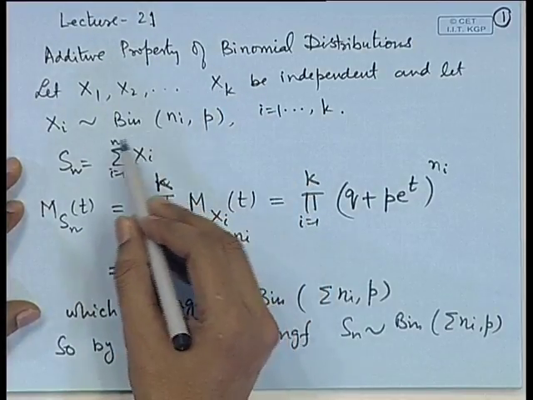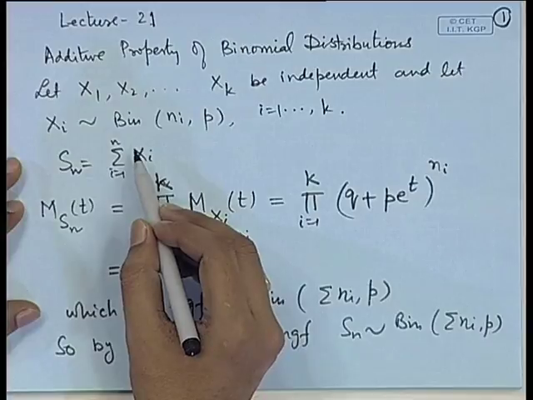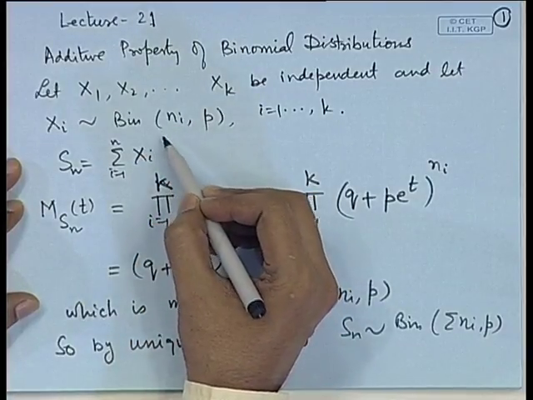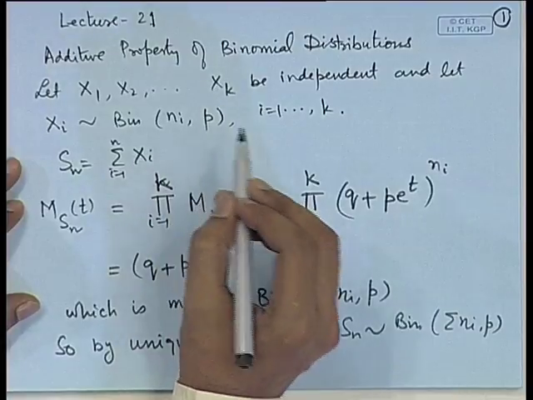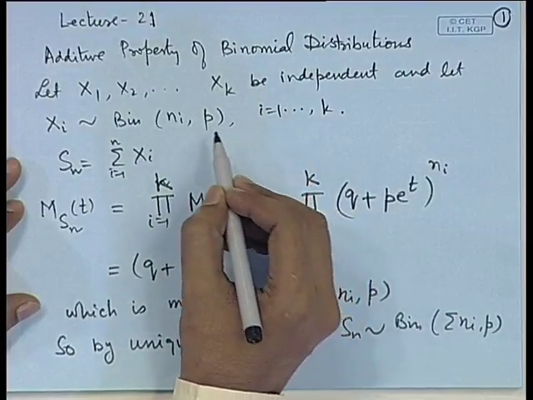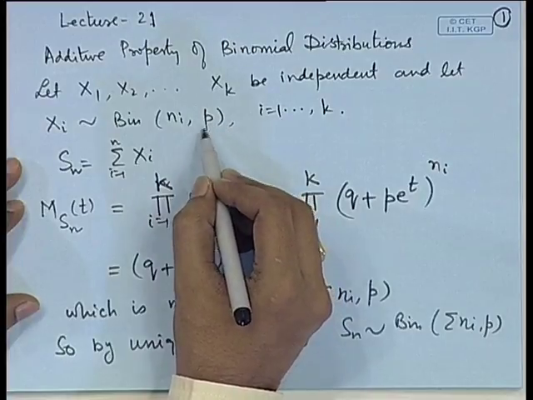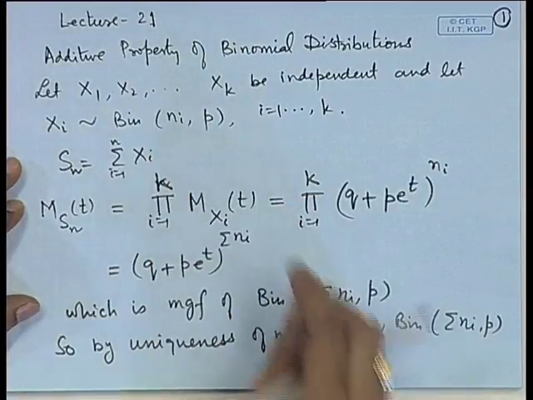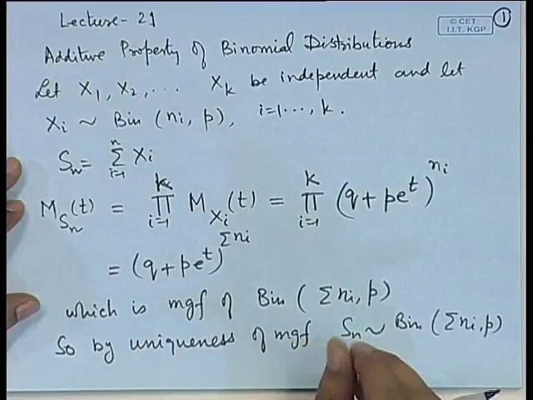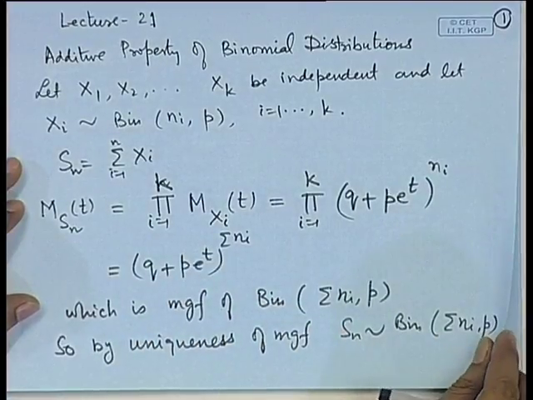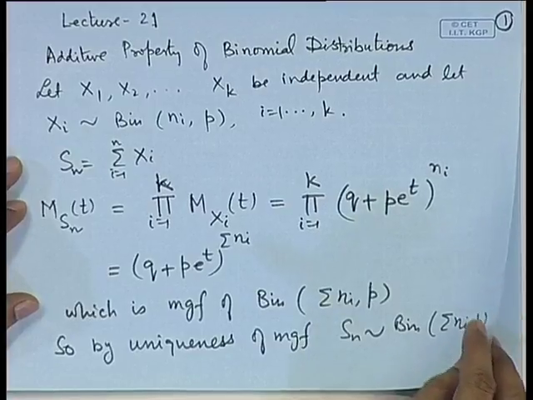Therefore, sigma Xi can be considered as the total number of successes in n1 plus n2 plus ... plus nk independent and identically conducted Bernoullian trials, where the probability of success is p. So, this physical fact is confirmed by the additive property, which we are able to prove here using the moment generating functions.